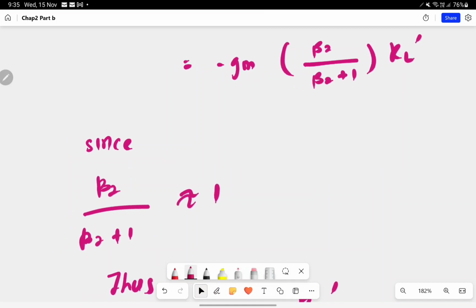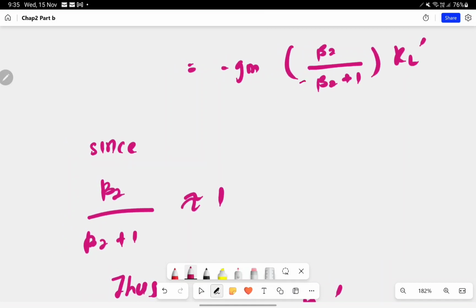And then if you try to replace these equations, you can realize that beta 2 over beta 2 plus 1 is almost 1. If you put it inside the calculator, let's say beta 2 is 100, then this becomes 100 over 100 plus 1, which is 101. So 100 over 101 is almost 0.99.